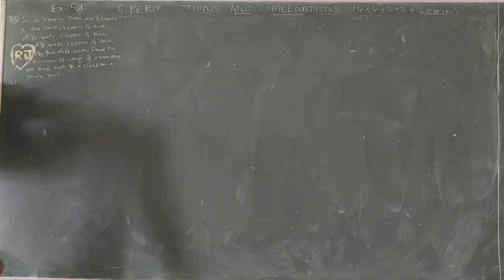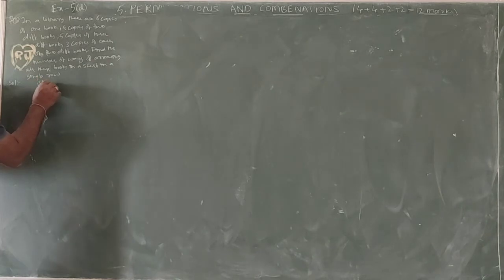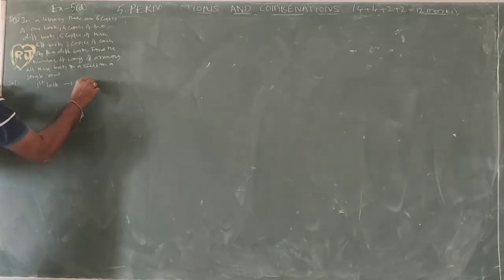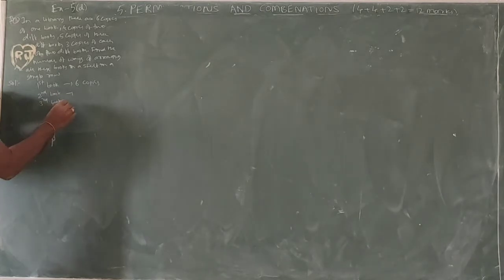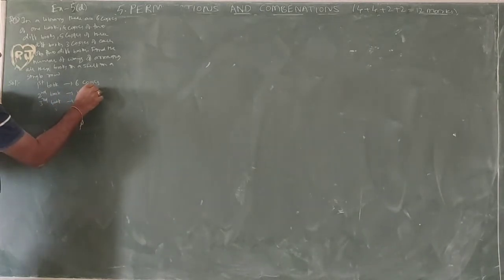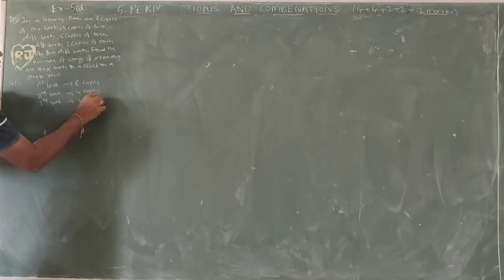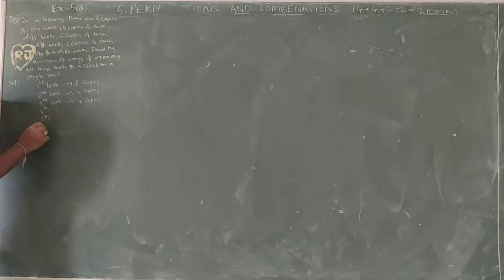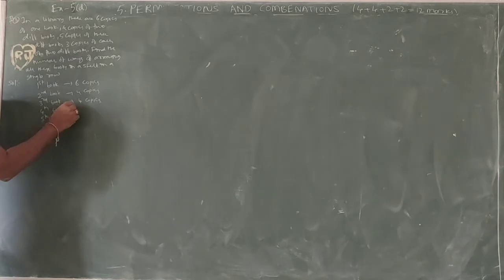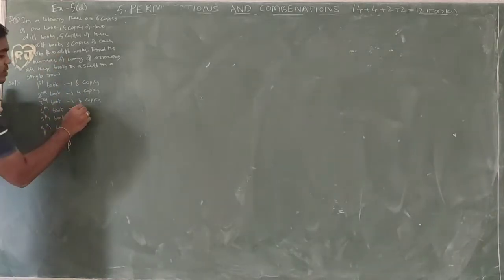So finding the solution. First book, how many copies? First book was 6 copies. 4 copies of 2 different books, so second book, third book. How many copies? 4 copies. 5 copies of 3 different books, the 4th, 5th, 6th. How many copies? 5 copies.